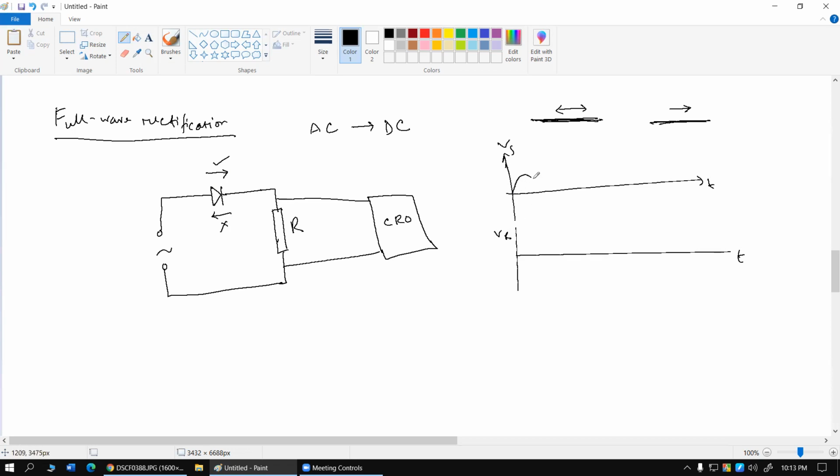Let's say if the supply voltage is a perfect AC supply, for a half wave rectification, one loop of the current, one direction of the current, or one direction of the voltage can go unobstructed. The opposite direction will be completely obstructed, which means the output graph is going to look somewhat like this.